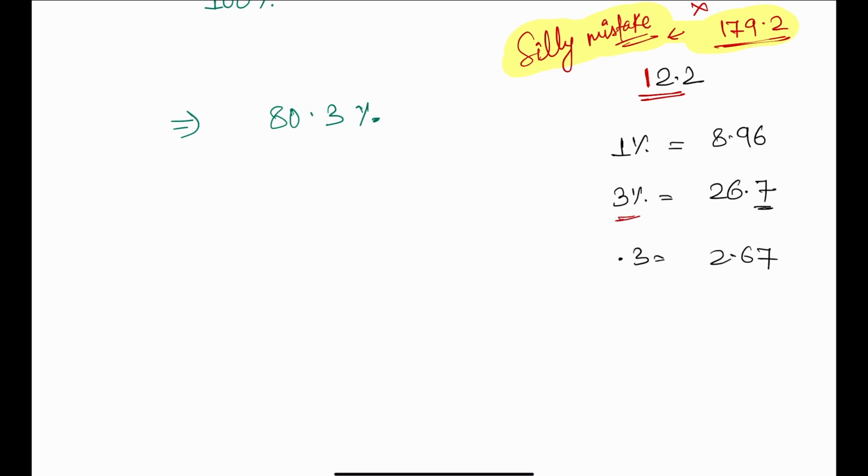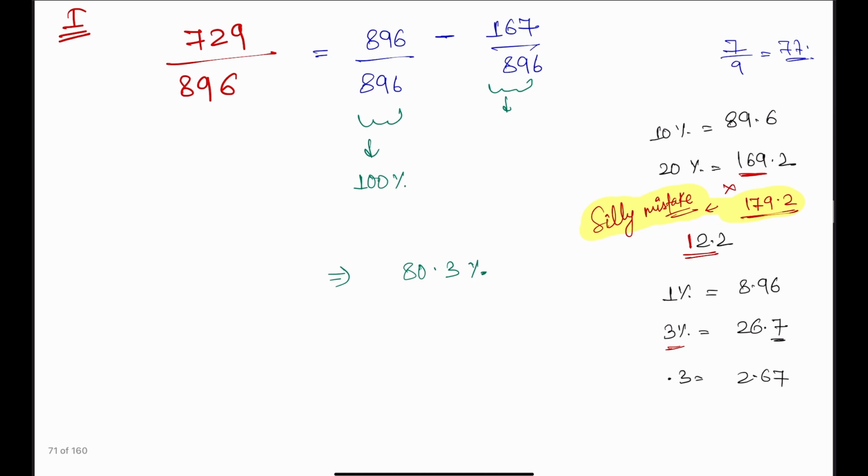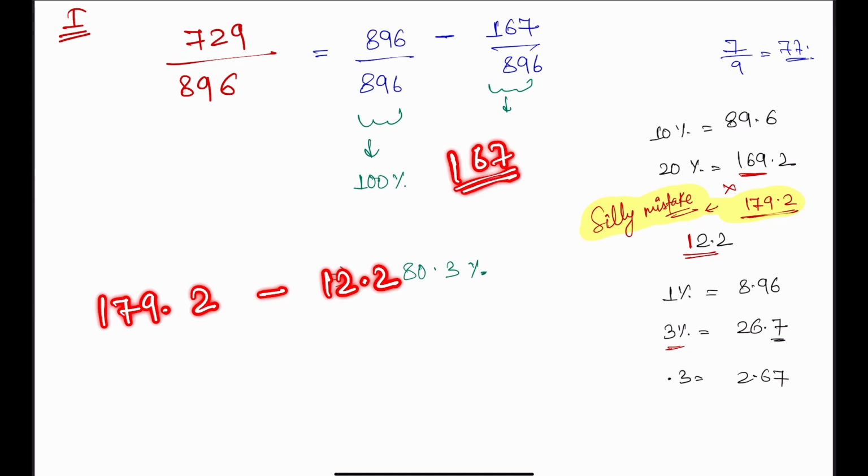So it will eventually be 179.2 minus, if I just remove 12.2, how much will it be? It will be 167, which is what we want, right?